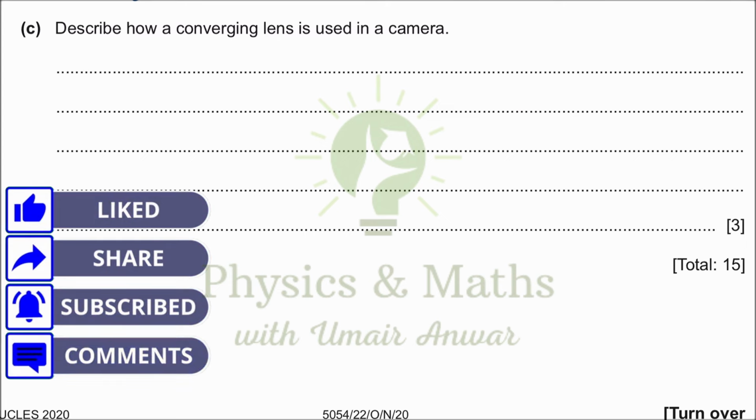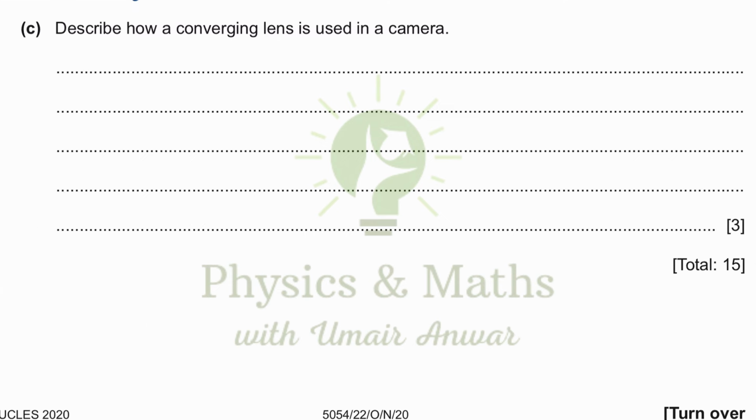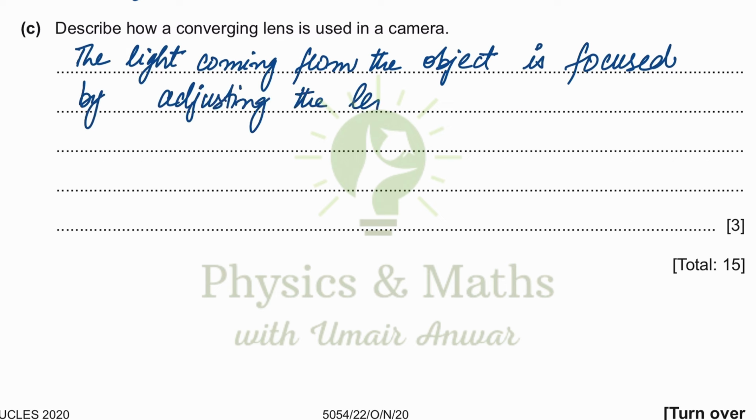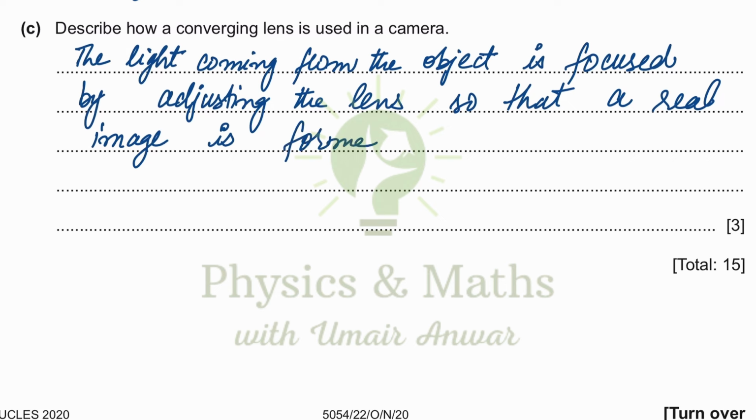So the first thing that we do in a camera is that the light coming from the object is focused by adjusting the lens so that a real image is formed on the film.